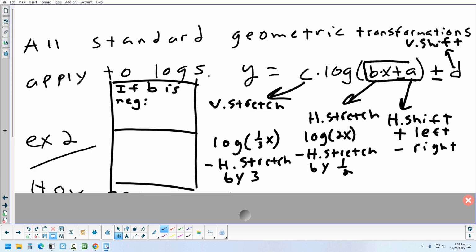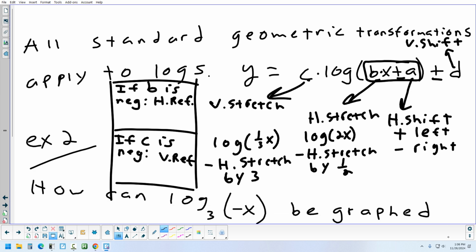Anything in this box is horizontal. So if B is negative, we get a horizontal reflection. What about if C is negative? That's a vertical reflection. So there are your 6 transformations. A gives you 1, B could be 2, C could be 2, and D could be 1.